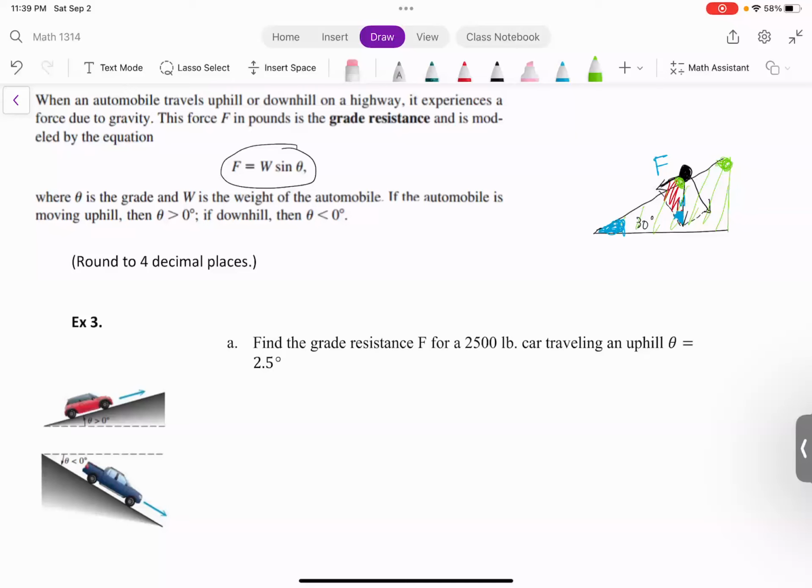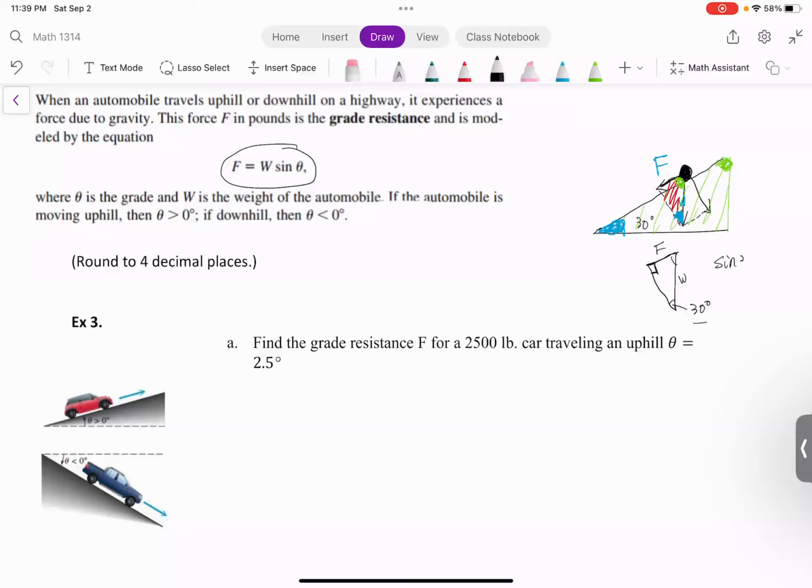All right. If I pull out this image here, I have this and this. So this is 90 degrees, this is 30, this is 60, this is W, and this is F. Can you list the relationship between F and W and theta? So let's see, what is sine 30 degrees?